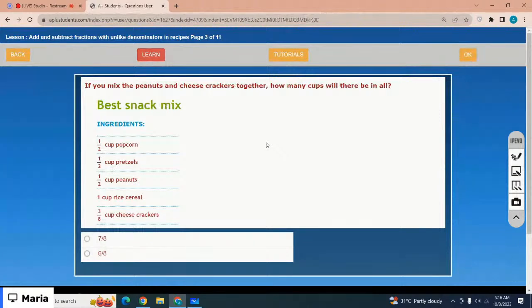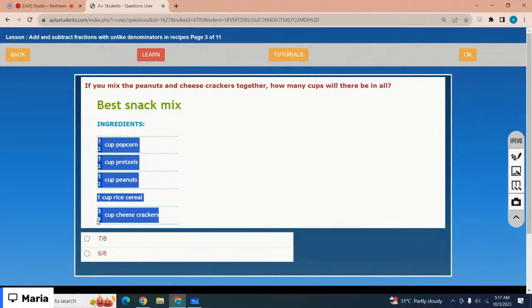Okay, if you mix the peanuts and cheese crackers together, how many cups will there be in all? The peanuts are 1 by 2, half cup, and cheese crackers are 3 by 8 cup.